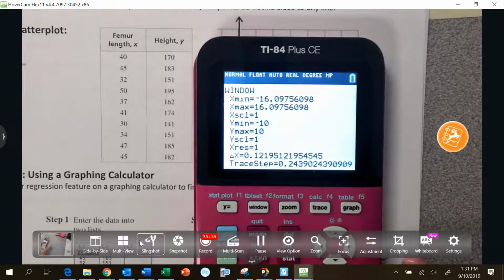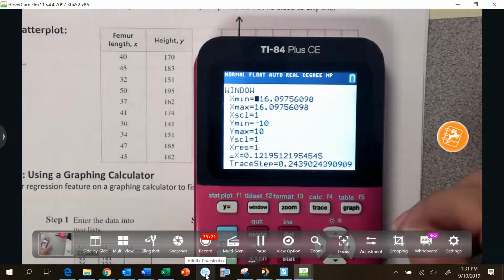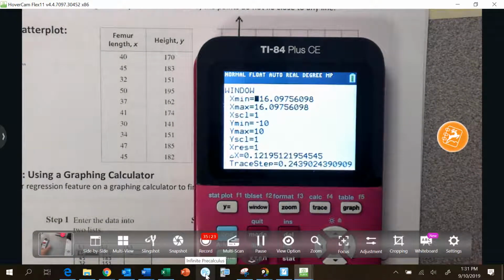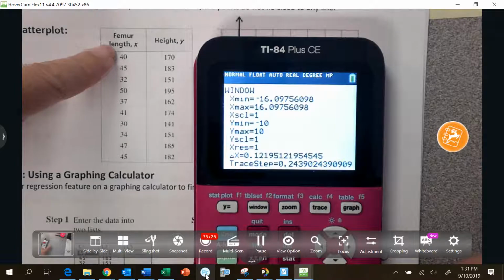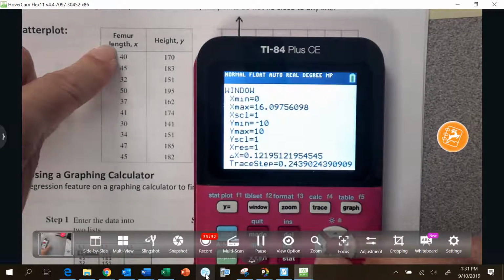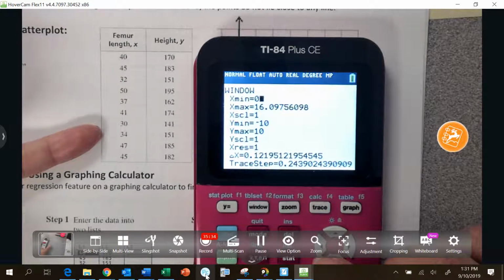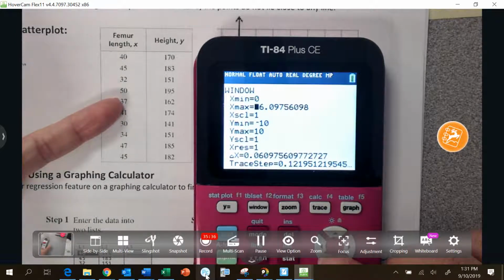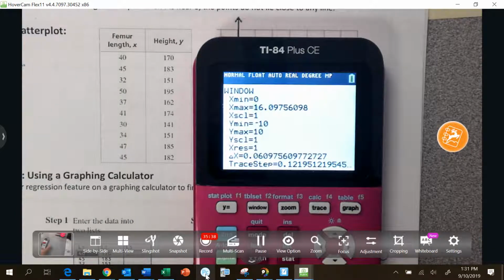So we can go to our window and think about what your lowest x's might be, what your highest x's might be, and what your lowest and highest y's might be. Minimum for my x's, how long could the femur be? Probably 0. We can't have a negative length of a femur. What's the biggest femur on here? Is it 50? Okay, so maybe I'll make it 60.